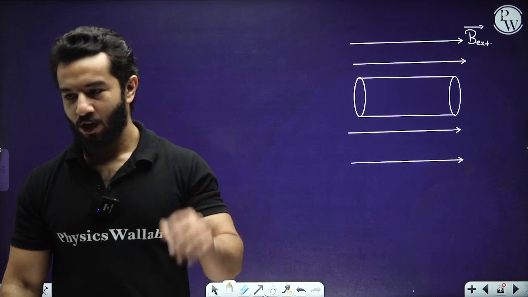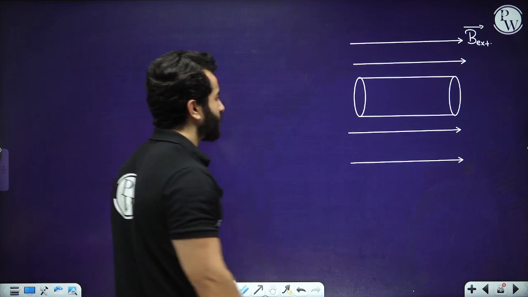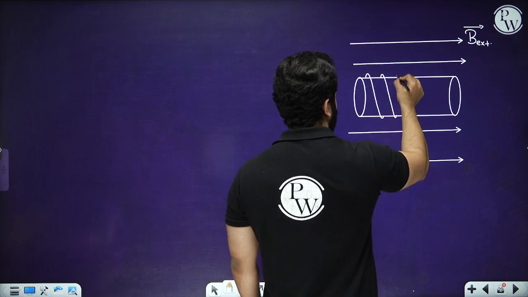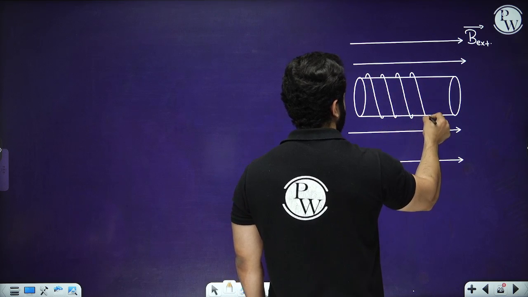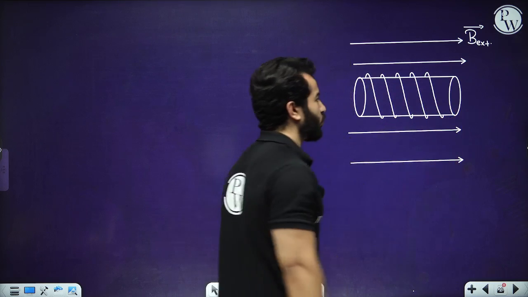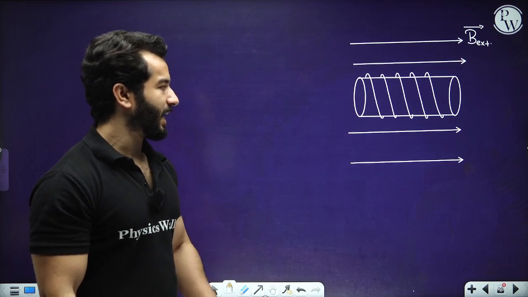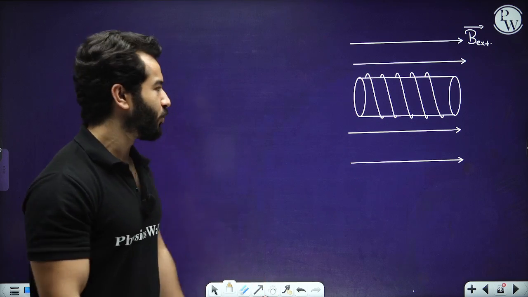Also, you can assume it has wires and current flowing in it, so it will have its own magnetic field, which can be considered as mu naught Ni, that you might be knowing about, right?